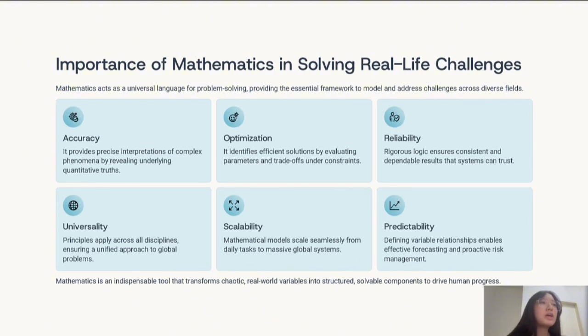Predictability: defining variable relationships enables effective forecasting and proactive risk management. Mathematics is an indispensable tool that transforms chaotic real-world variables into structured, solvable components to drive human progress.